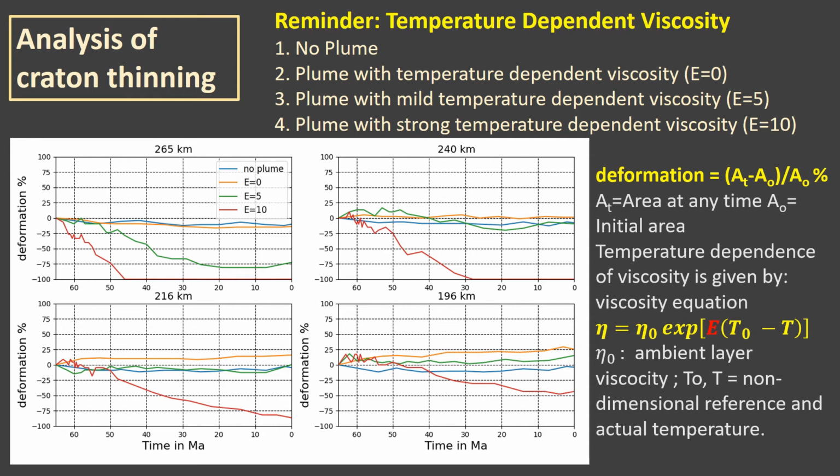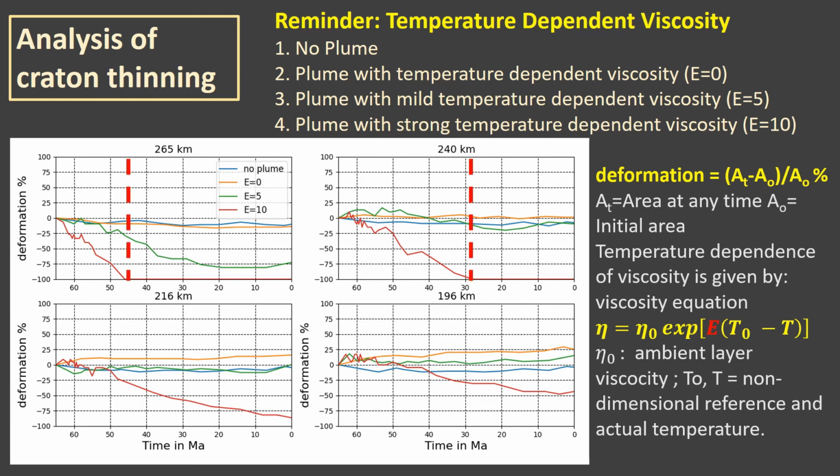So let's take one example of this red line, which is a result from the E equals 10 model. Here we see that at around 48 millions of years, this deformation reached minus 100%. This means there is no craton existing at around 265 kilometers at 48 millions of years ago.